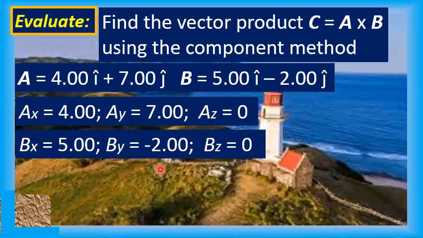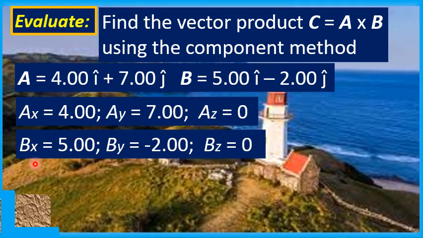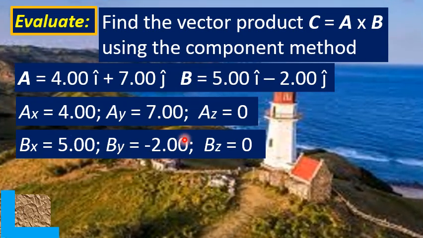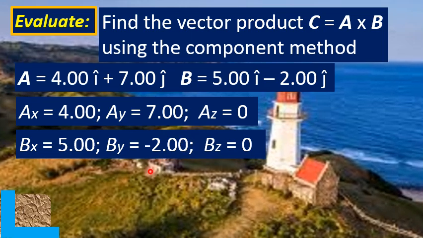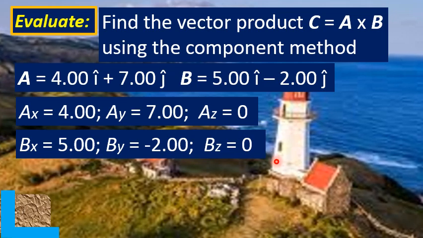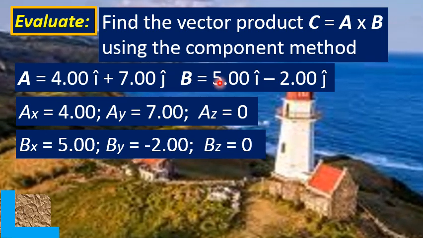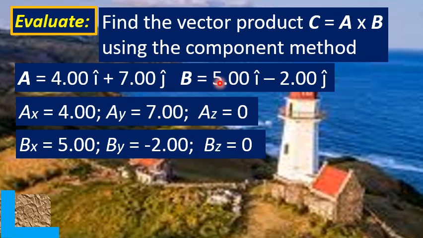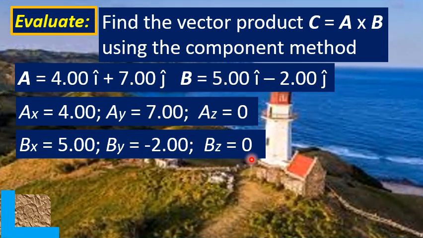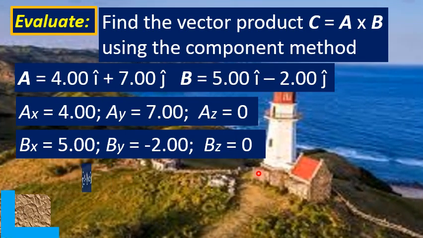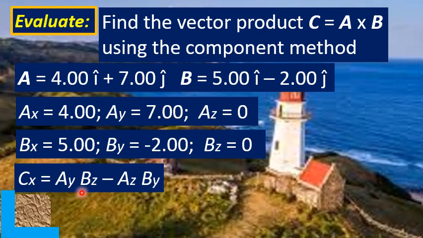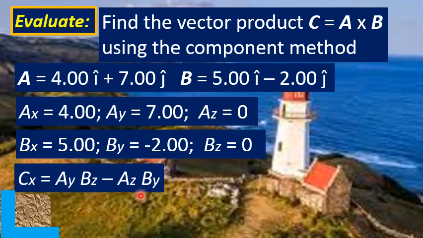Similarly, for vector B, its x component is 5.00 and its y component is negative 2.00 units. It has no z component either. Now, to determine the x component of vector C, that is Cx, the formula is just to multiply Ay times Bz minus Az times By.